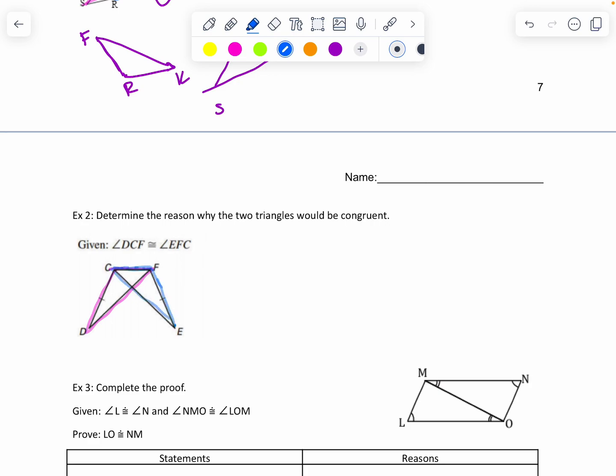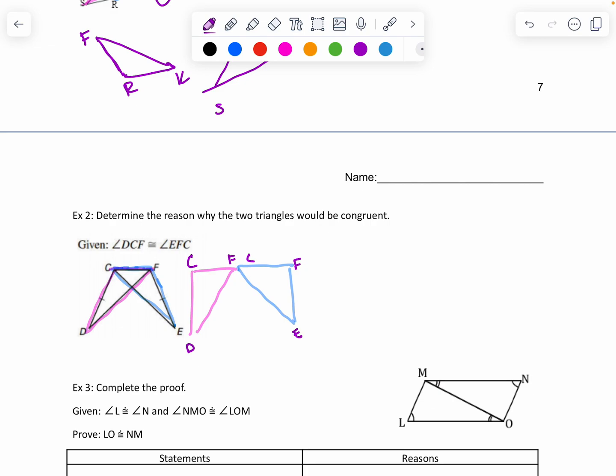My overlap is obviously the C and the F, but this might be easier to pull apart.